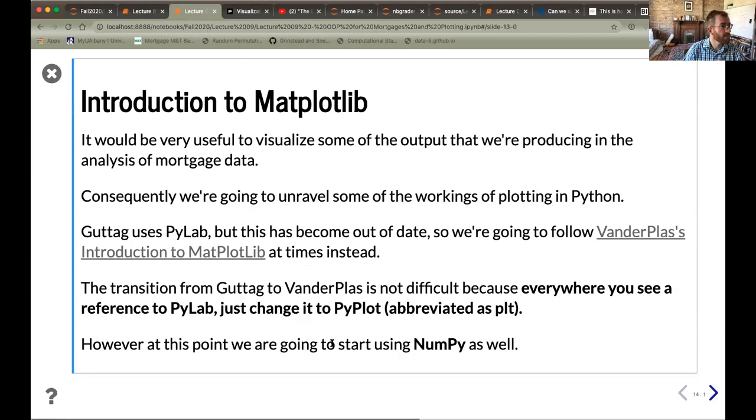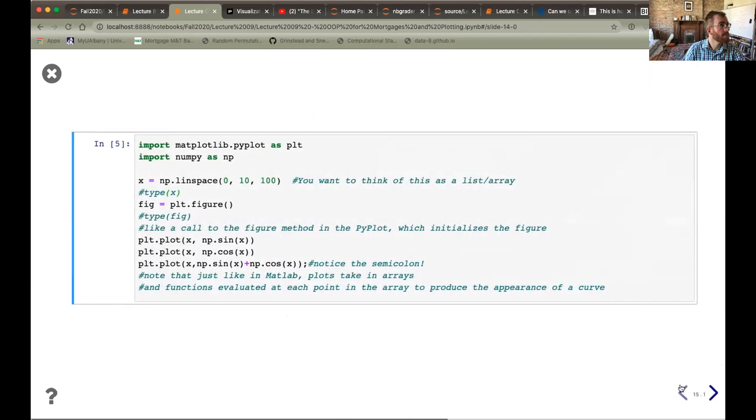All right, so we're also going to start using NumPy, which we're going to go over in more detail next lecture. So these are two instances of libraries or packages which exist within Python 3. And just by typing import, we're able to bring them in and make use of their methods. So let's see how we do that.